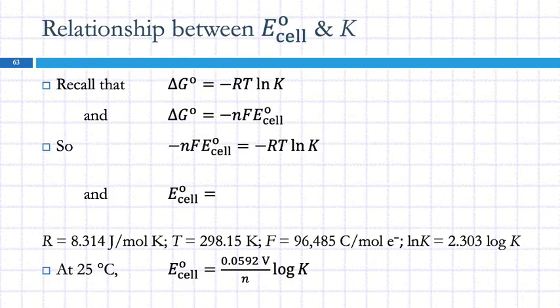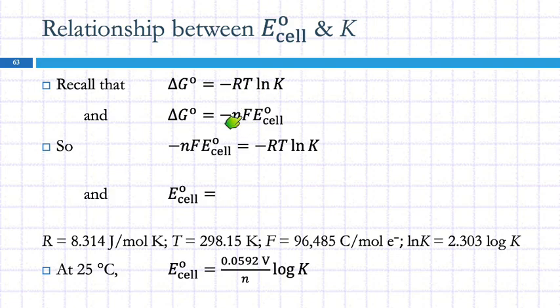So let's look at the relationship between standard cell potential and the equilibrium constant. So we learned that the standard free energy change was equal to negative RT times the natural log of the equilibrium constant. And we just learned that the standard free energy change is equal to negative NF times the standard cell potential.